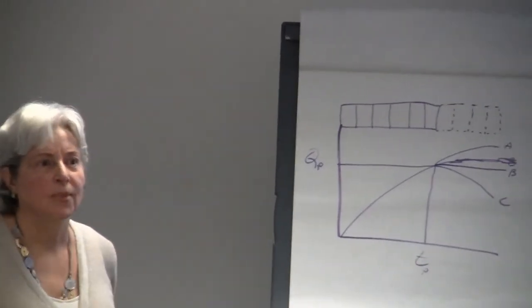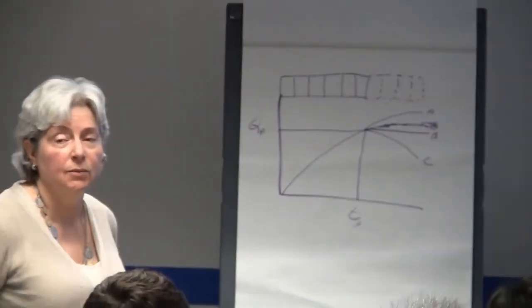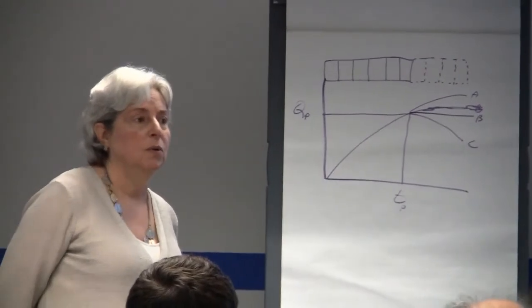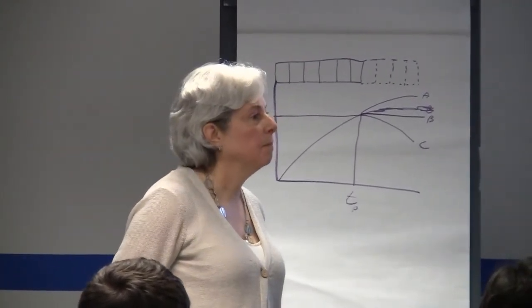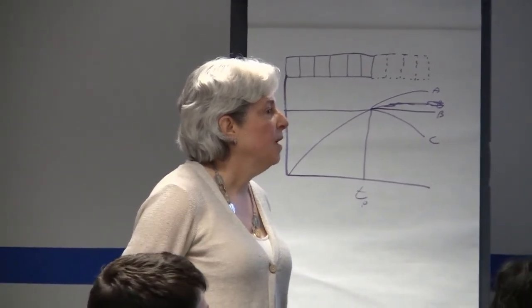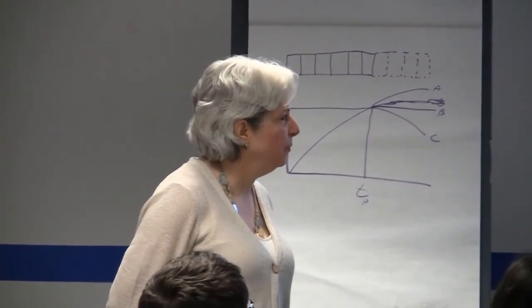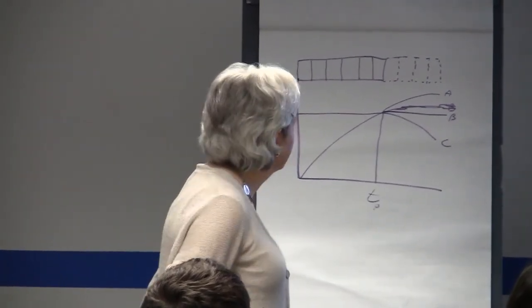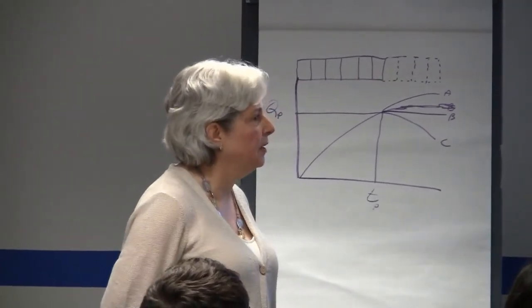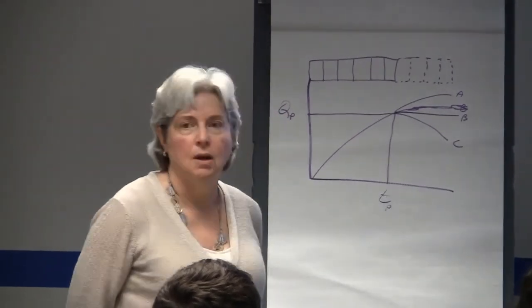Same. Go down. It would go down. Someone's saying down. What do other people say? Remember the assumptions of the rational method. Okay, you're saying B, it'll stay the same. The peak will be the peak.